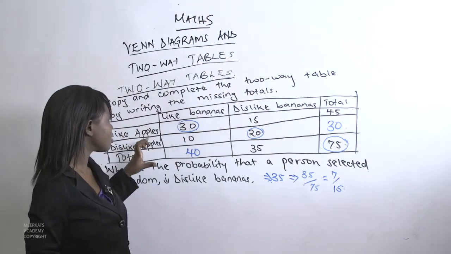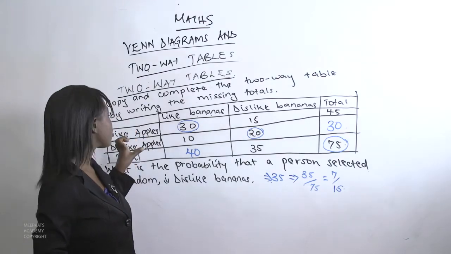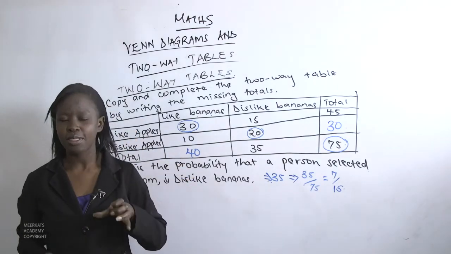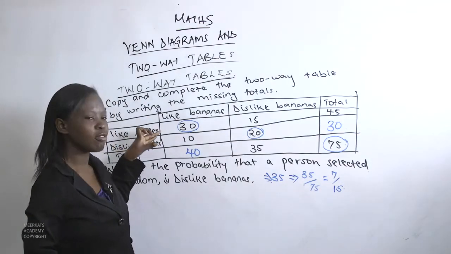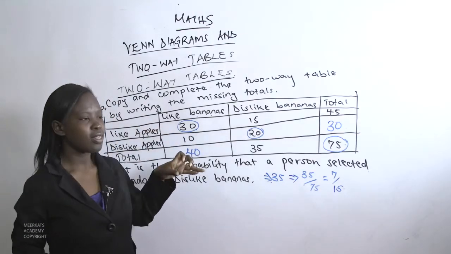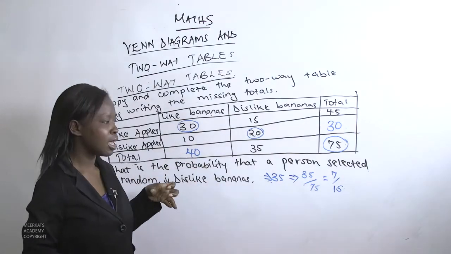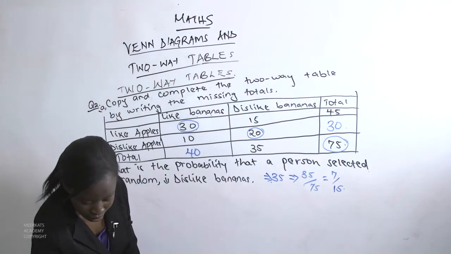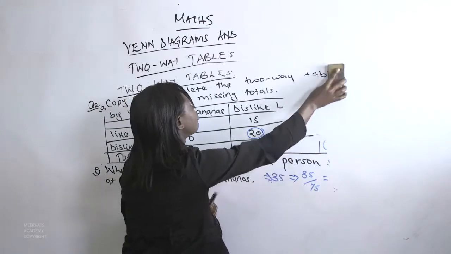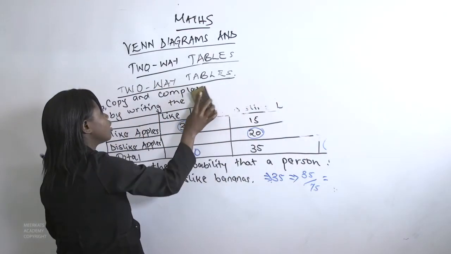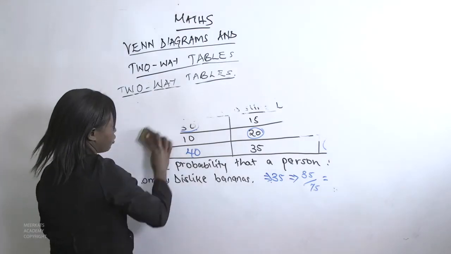So if one of the events happens, then there is no possibility of the other event taking place. So this means that we have a type of event that is known as a mutually exclusive event.